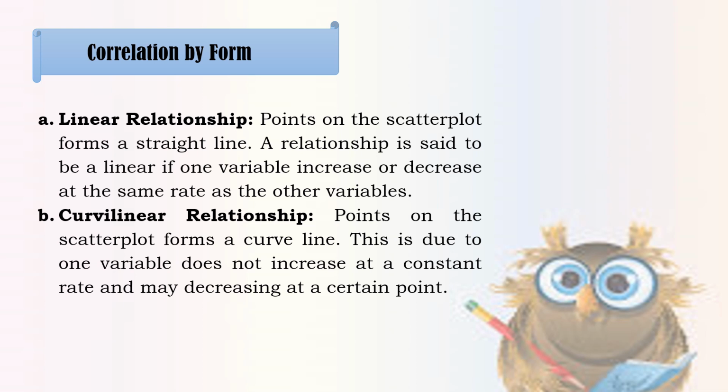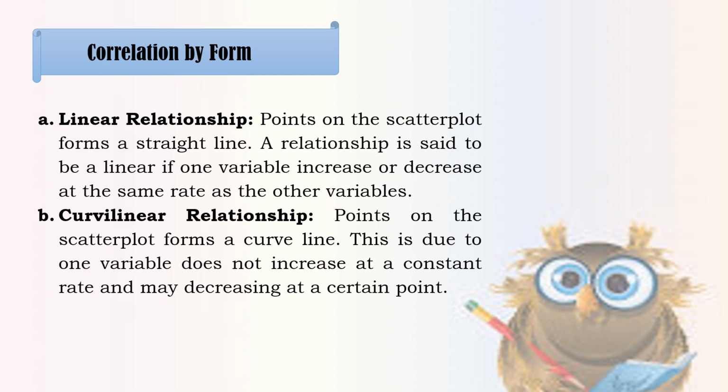We have here the correlation by form, the linear and curvilinear. In a linear relationship, the points on the scatter plot form a straight line. A relationship is said to be linear if one variable increases or decreases at the same rate as the other variable. When we say curvilinear relationship, the points on the scatter plot form a curved line.